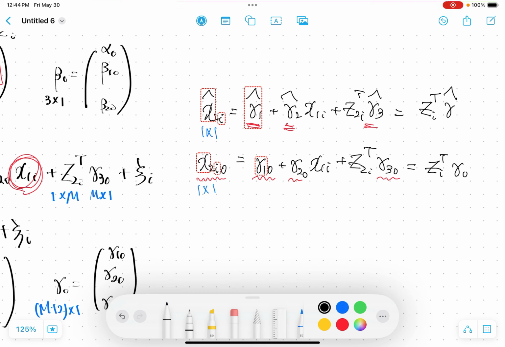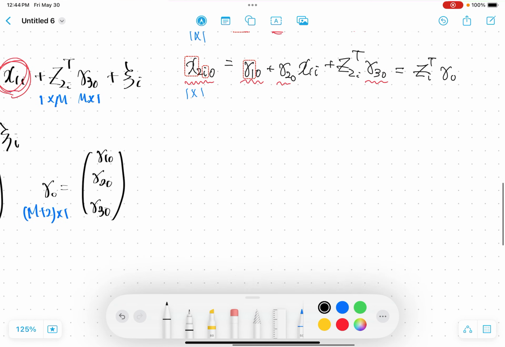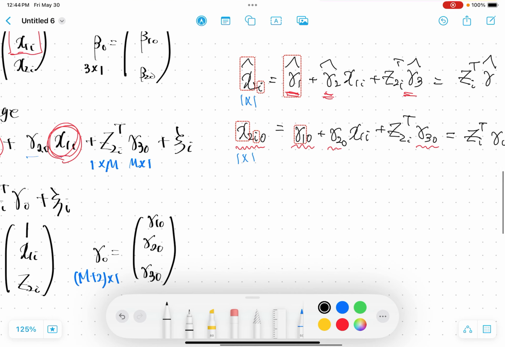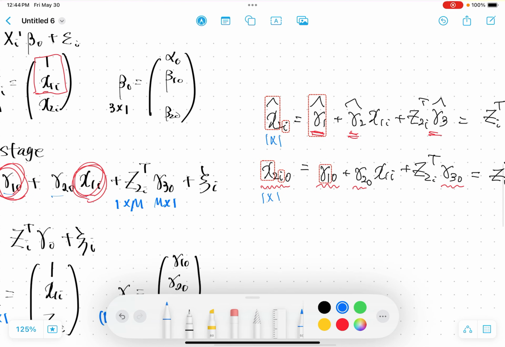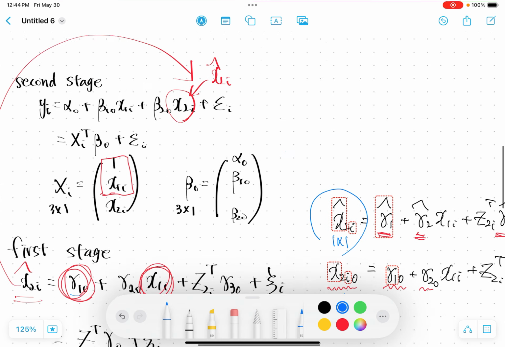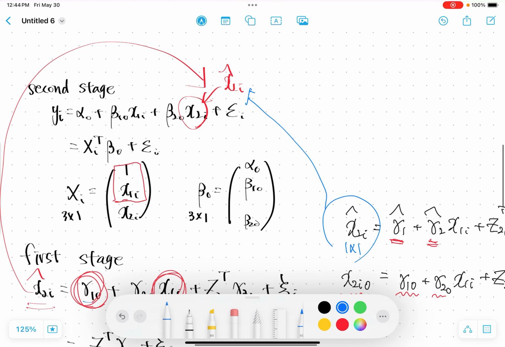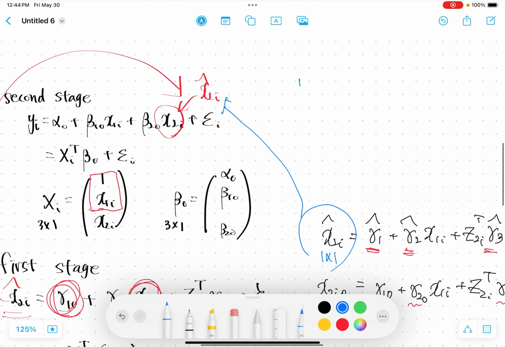This is what we used in our class. But when I tried this question by myself, I found a more useful notation. The problem is, bring this back to the second stage here, then you are going to get yi equals alpha 0 plus beta 10 x1i plus beta 20 x2i hat plus error.